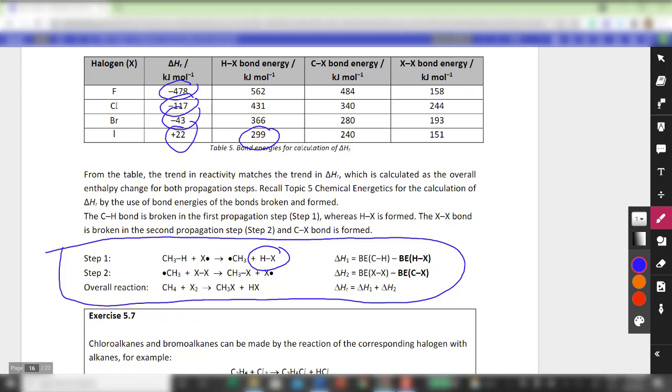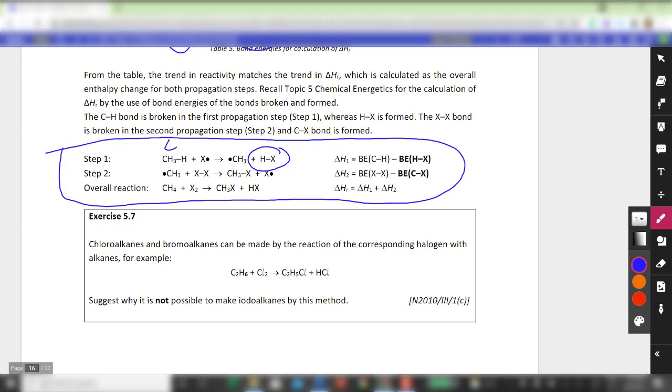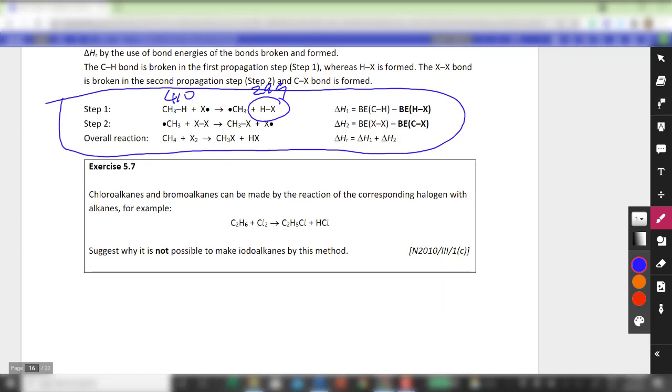You release 299 kilojoules per mole, and you are breaking a C-H bond, which is 410. So the C-H bond is 410 and this is 299. So the first step is relatively endothermic.